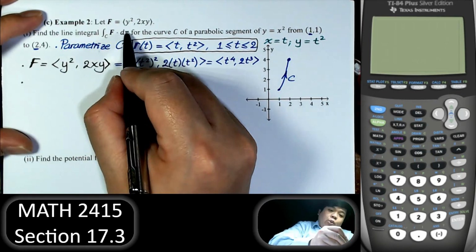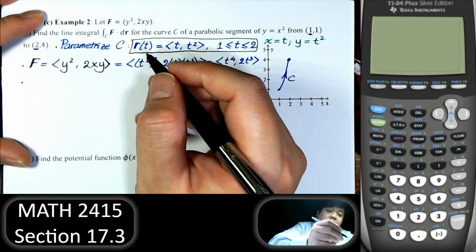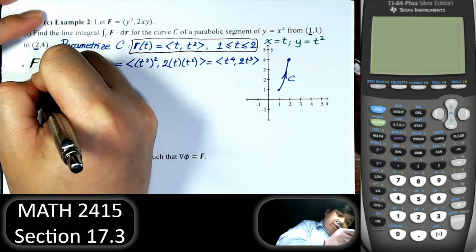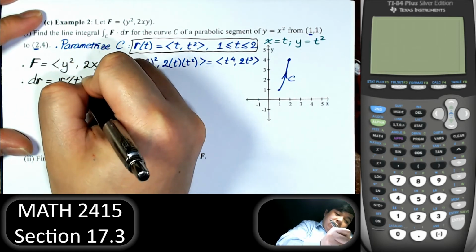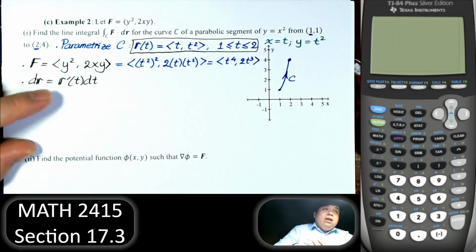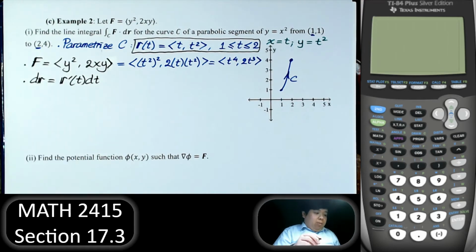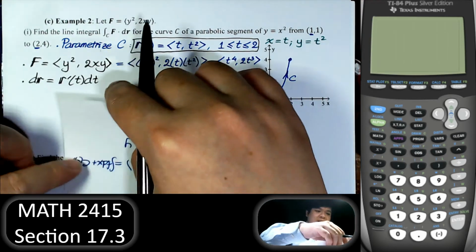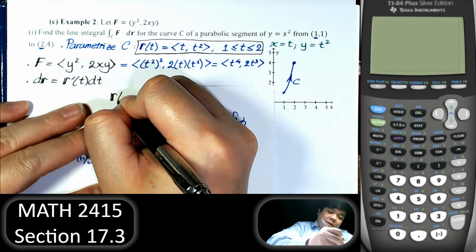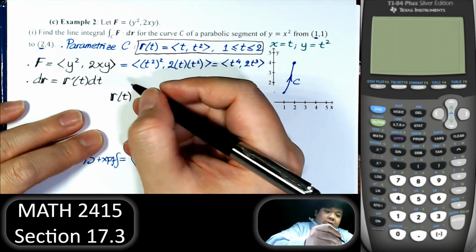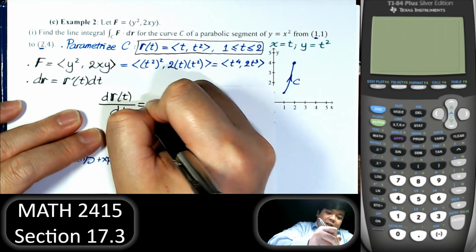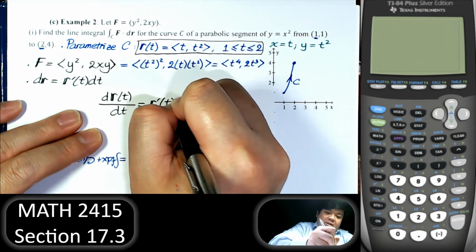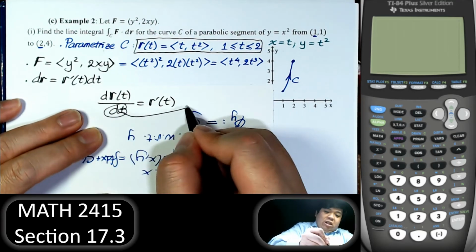And then we're going to write dr in terms of t as well. So dr is r prime dt. The reason for that is very simple. We have r of t, right? If we take the derivative with respect to t, the notation for derivative is this. And then we just move the dt over.